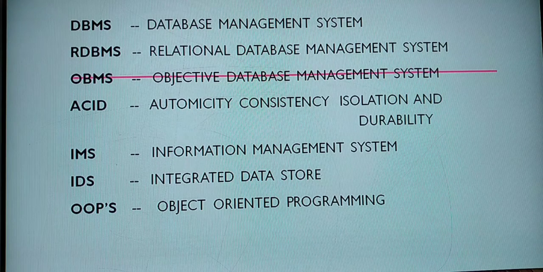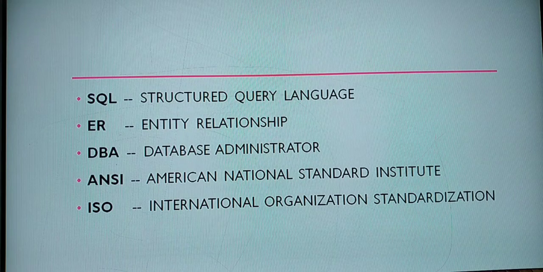The next one, it is your IMS, that is information management system. Next one, IDS, that is integrated data store. Next one, OOP, object oriented programming. Next one, it is your SQL, that is structured query language.